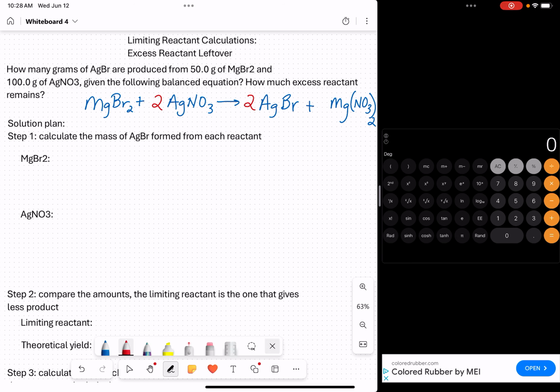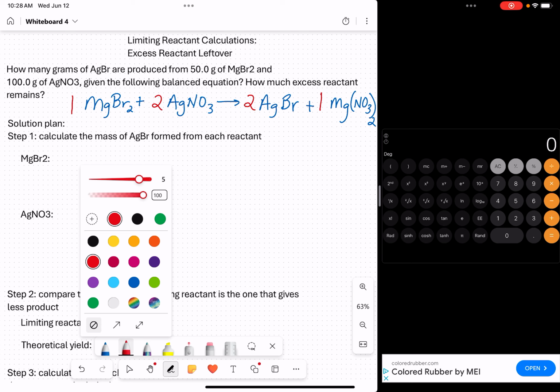Before we get started, let's make sure that all of our coefficients are written in. I'm going to add 1 to each of those. So the first step is the same as before. We have to calculate the mass of product formed from each reactant. So this is going to be a mass calculation, starting with the mass of our reactant in question and solving for the mass of the product that we're interested in.